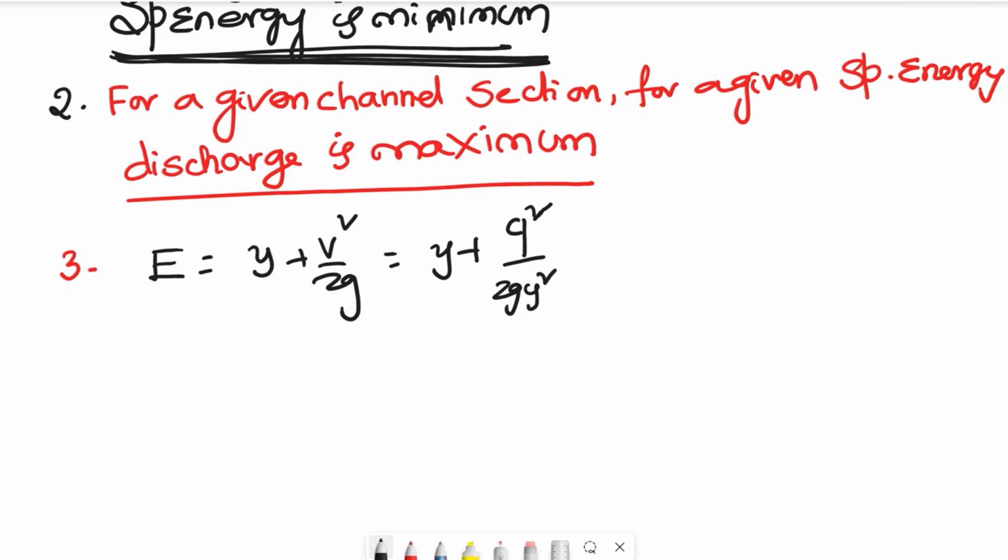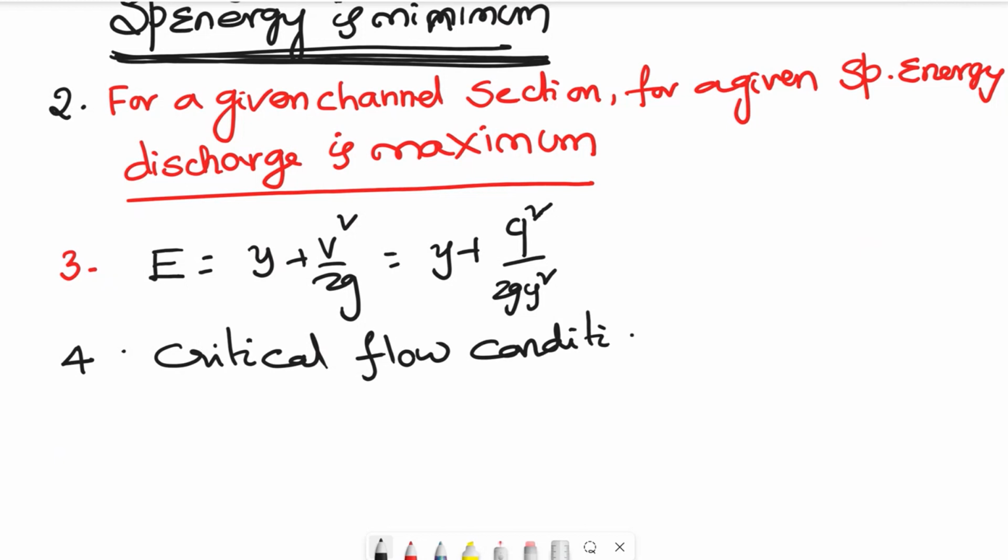What is the fourth? Critical flow condition, in general for any channel section, is q square by g is equal to a cubed by t.